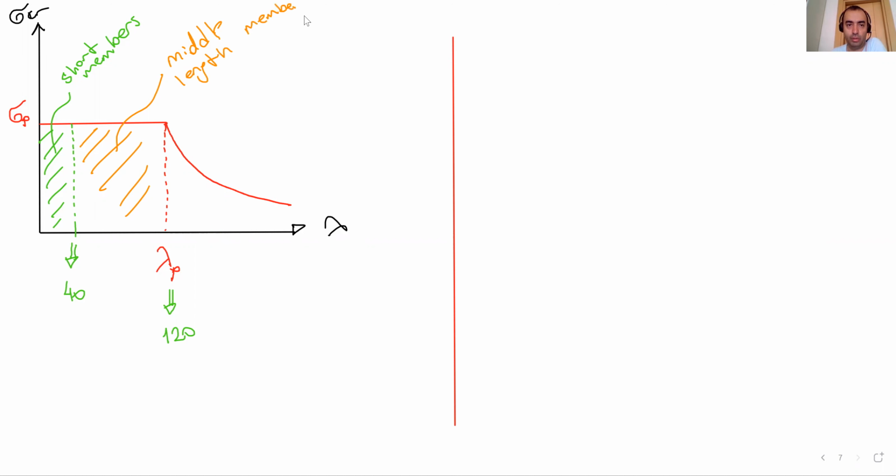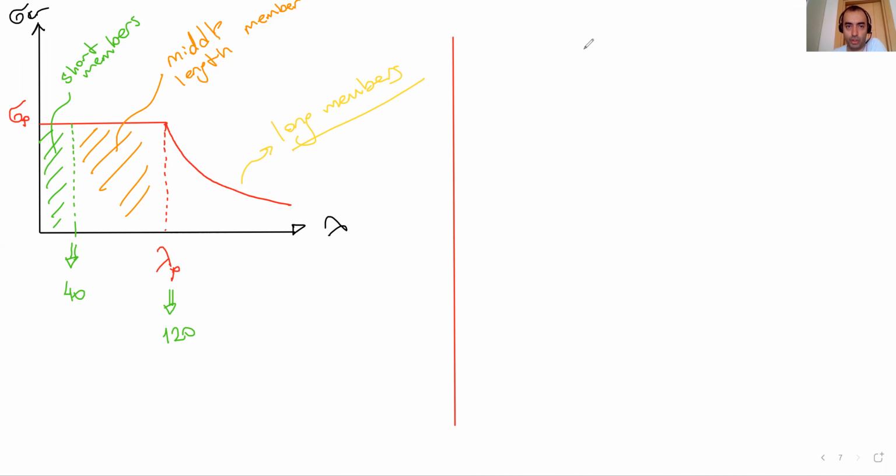And if our lambda is greater than this limit, lambda p, this part is for long members. So long members buckle. So here Euler's theory works.